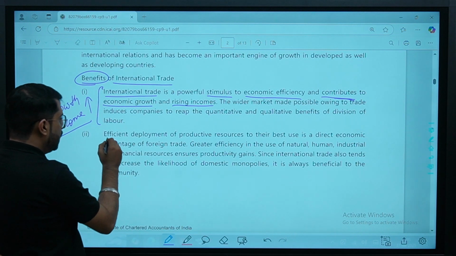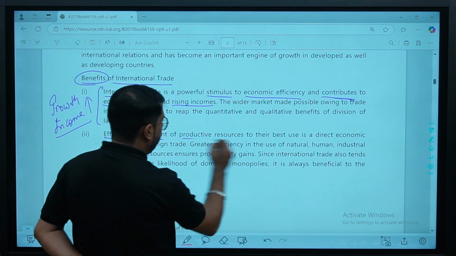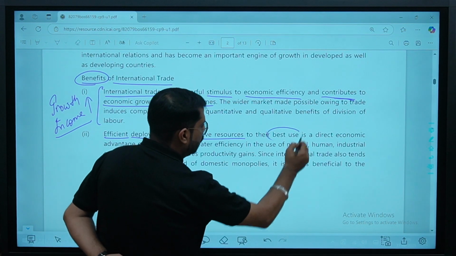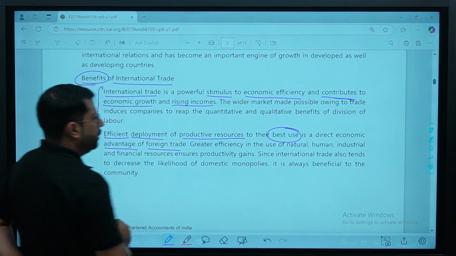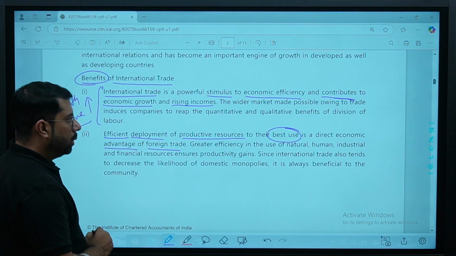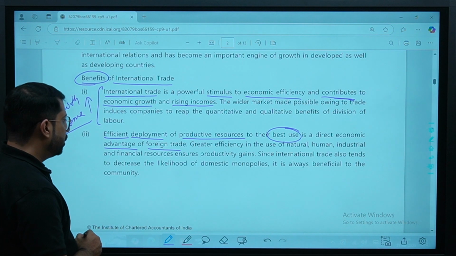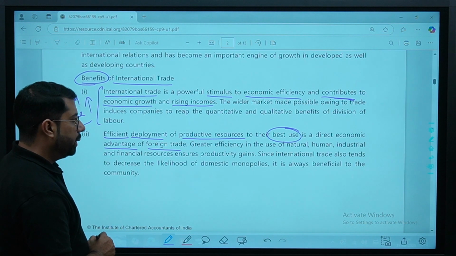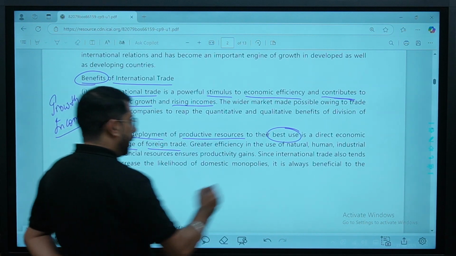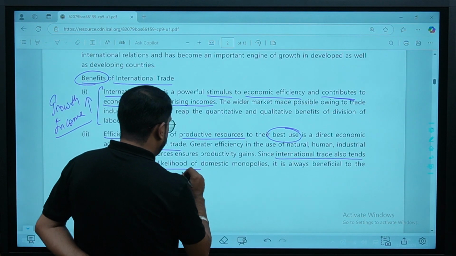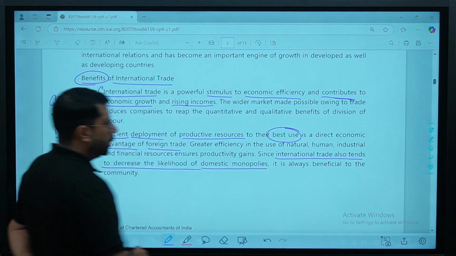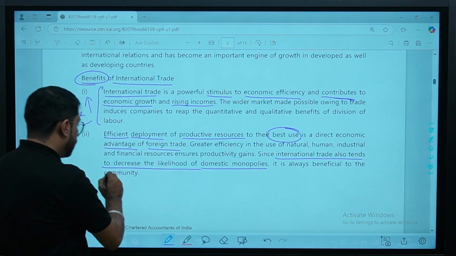Second, it says efficient deployment of productive resources to their best use is a direct economic advantage of foreign trade. Greater efficiency in the use of natural, human, industrial, and financial resources ensures productivity gains. Since international trade also tends to decrease the likelihood of domestic monopolies, it is always beneficial to the community.